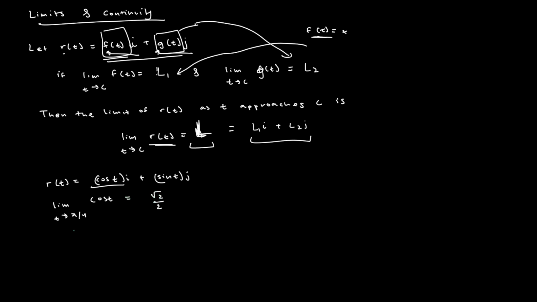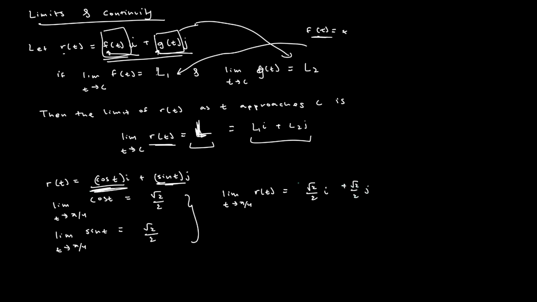And then we know that the limit as t tends towards pi over 4 of sine t, which defines our y component, is also root 2 over 2. And therefore, we found the component-wise limits. Therefore, we can claim that the limit as t tends towards pi over 4 of r(t) is simply equal to root 2 over 2 i, coming from the cosine, plus root 2 over 2 j, which is coming from the sine, which defines the y value.